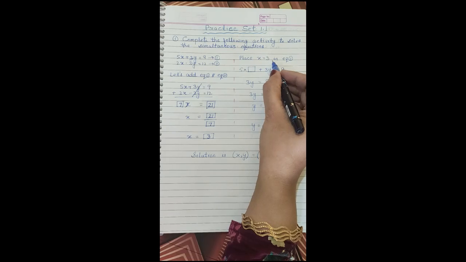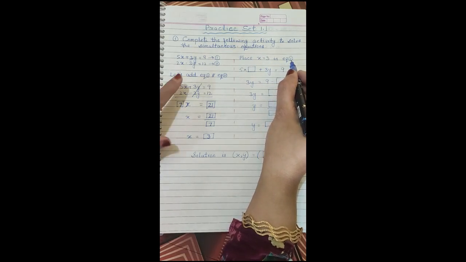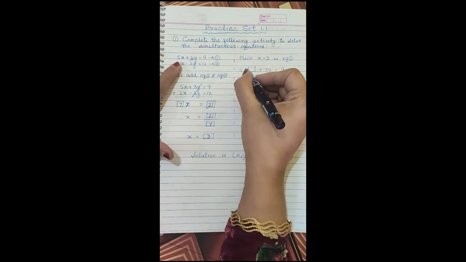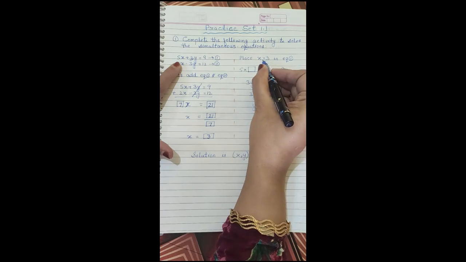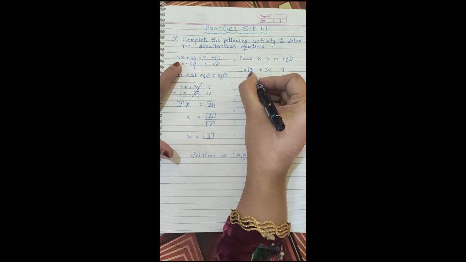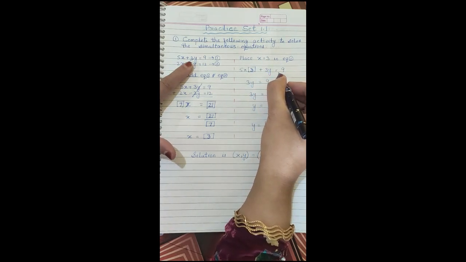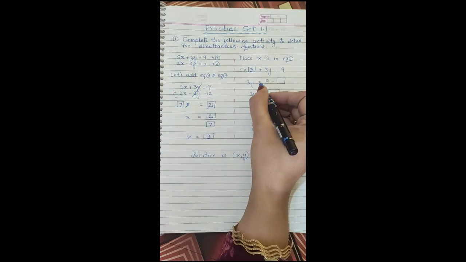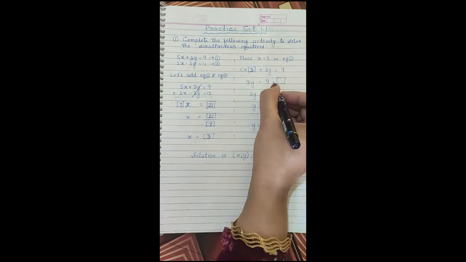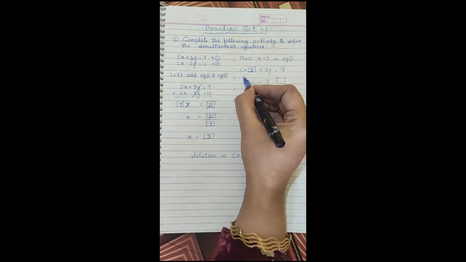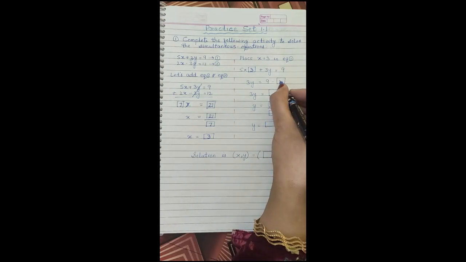Now place x = 3 in equation 1. Our equation 1 is 5x + 3y = 9. Therefore, 5 into 3, replace x by 3, plus 3 into y is equal to 9. Now 3y is equal to 9 minus 5 into 3, 15. Shifted to the right hand side, we get minus 15.